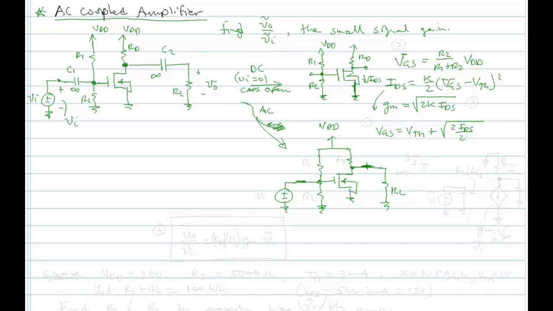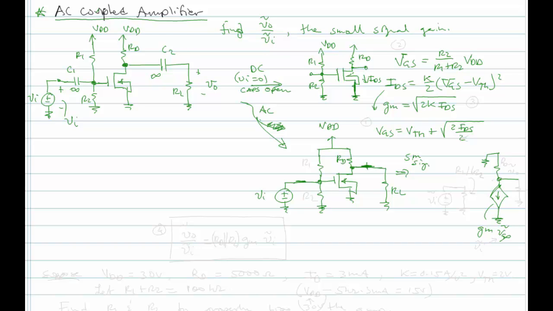And if we're doing the small signal analysis, we can turn off all the DC sources. So we'll do the small signal analysis there, where we'll turn off our VDD, and then our transistor gets replaced by a current source, which will be GM times little VGS.